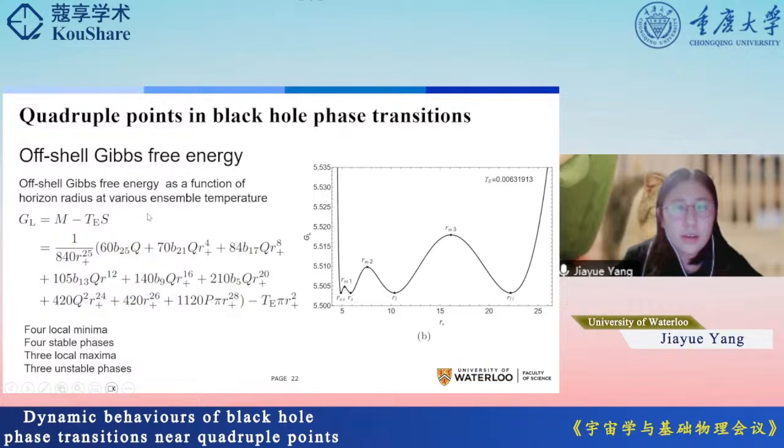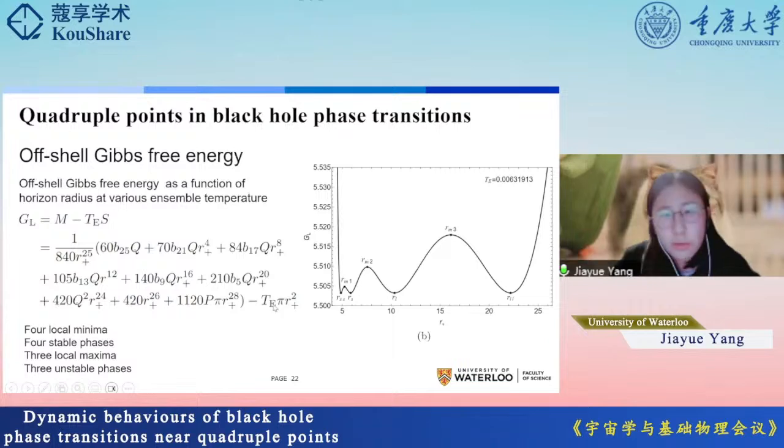So the free energy is equal to M minus T_E S, where T_E is the ensemble temperature. So this is the expression of the off-shell Gibbs free energy here. And T_E is our input. So numerically, we can input some value T_E here to plot the Gibbs free energy diagram.